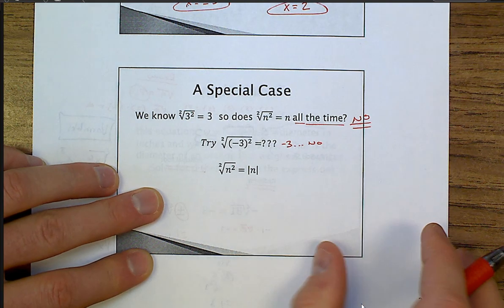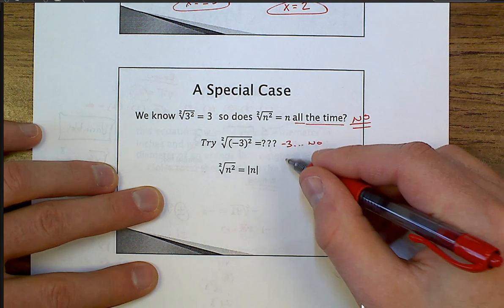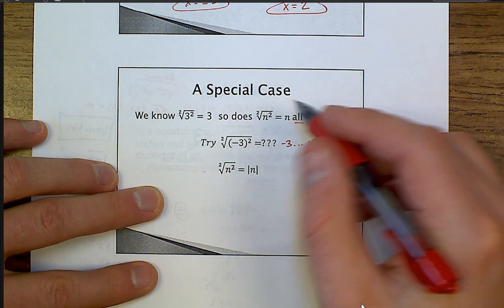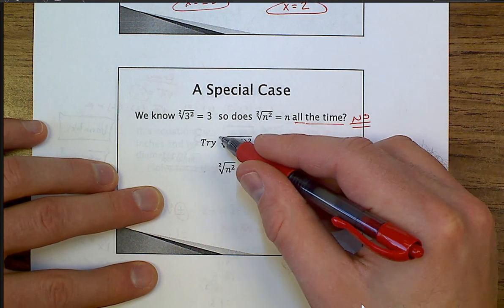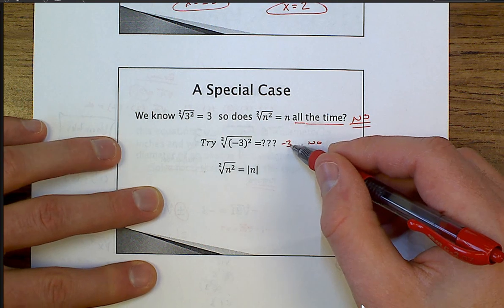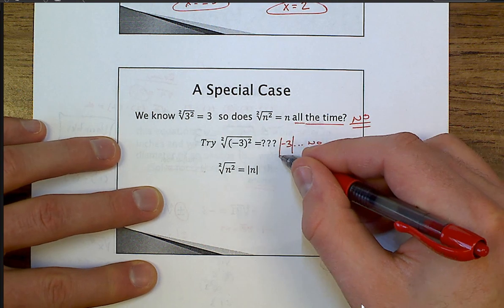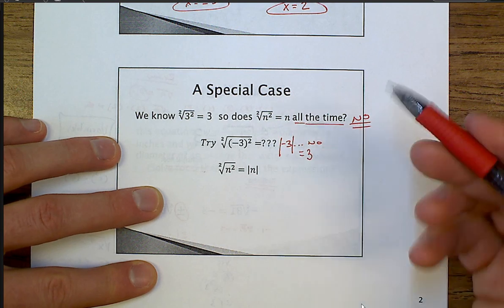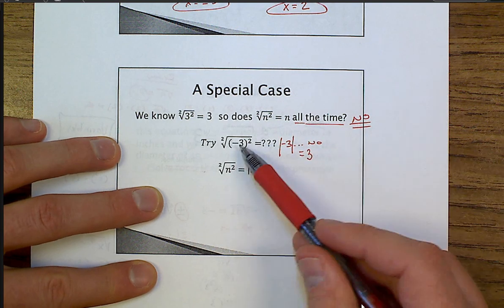So that we don't have this situation, because when this 2 here and this 2 undo each other and we get negative 3, we know that's not the case. So how do we fix that? We have to do this so that it turns into 3, which we know is the correct answer, right? Because we know the square root of 9 is 3.